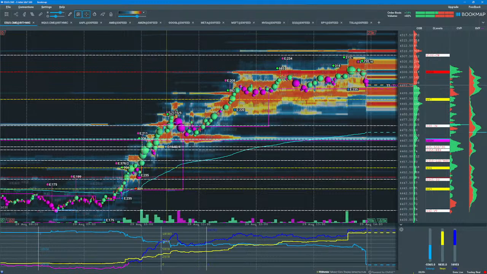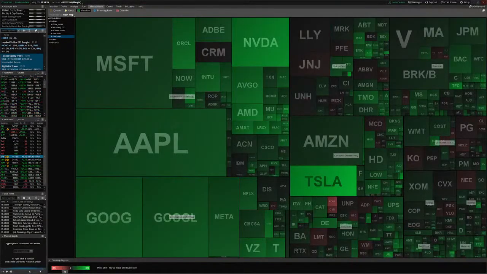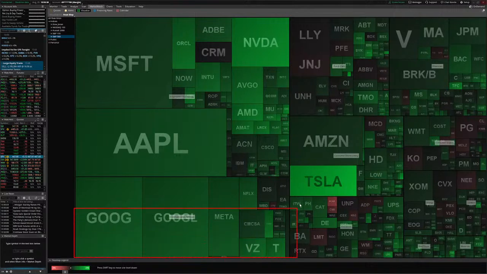So let's take a look at one thing. This is a heat map of the S&P 500 and NASDAQ, and when all these stocks are green like this, large cap tech stocks, semiconductors, Tesla, Amazon, most everything very green, indicating that these stocks are moving higher, the index products, S&P 500 and NASDAQ, are going to move higher.